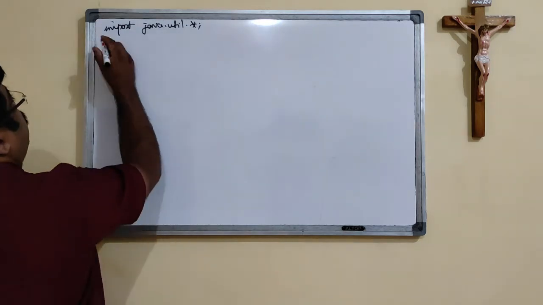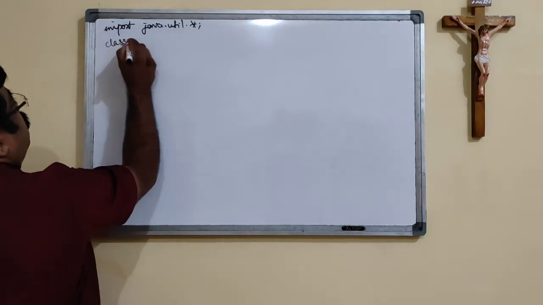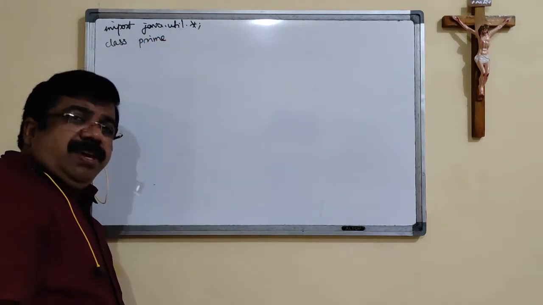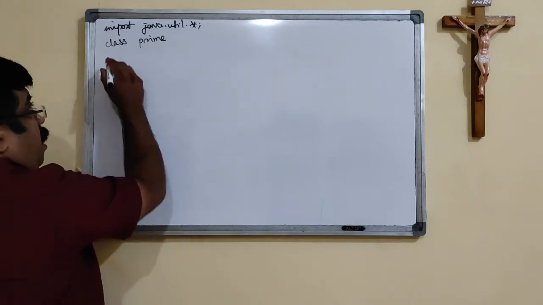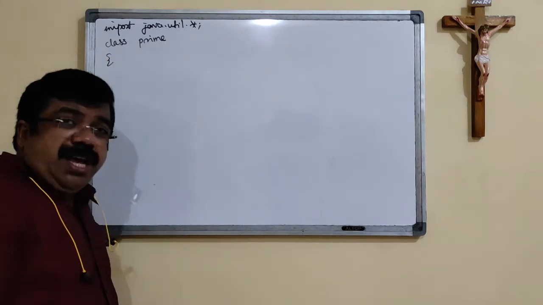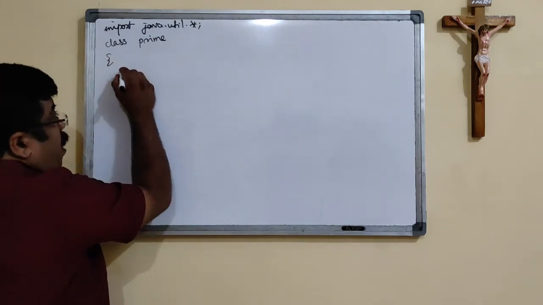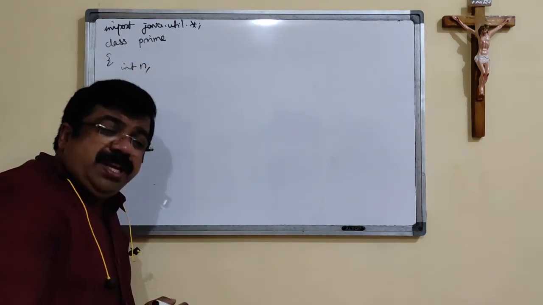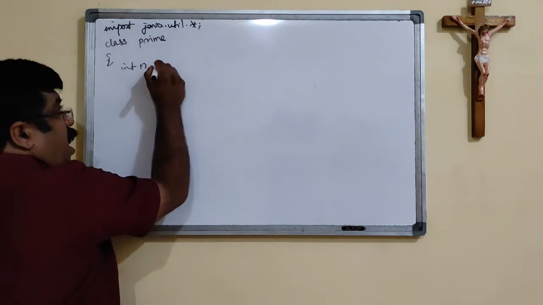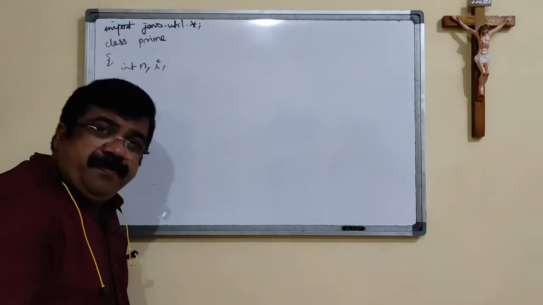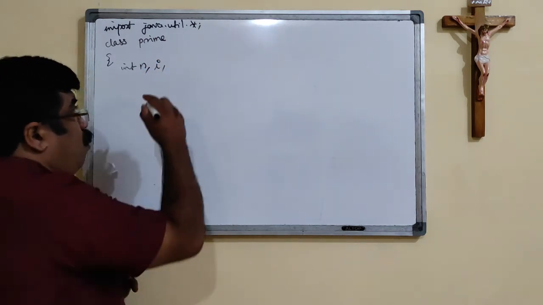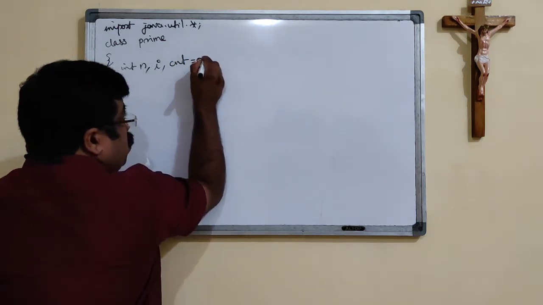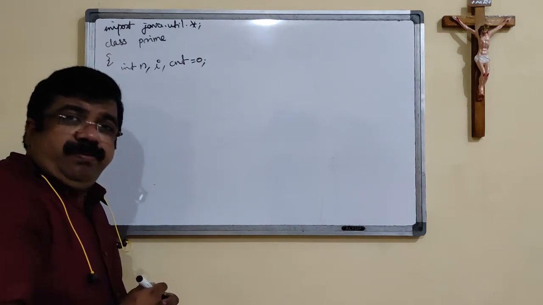After that you may write class Prime. After that, declare all the variables which are required. We want int n, the number which is to be checked whether it is prime or not, i for the looping, and I am giving one variable cnt which is equal to 0.